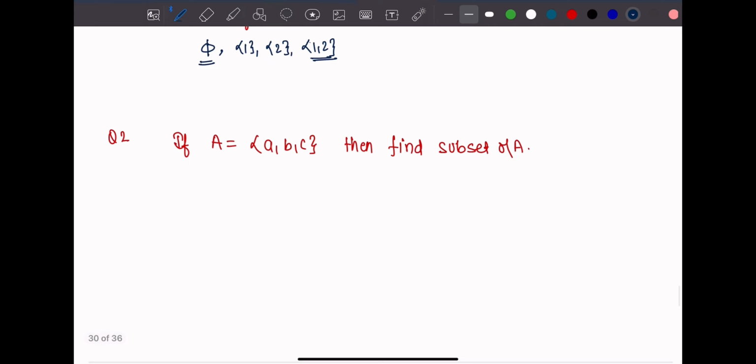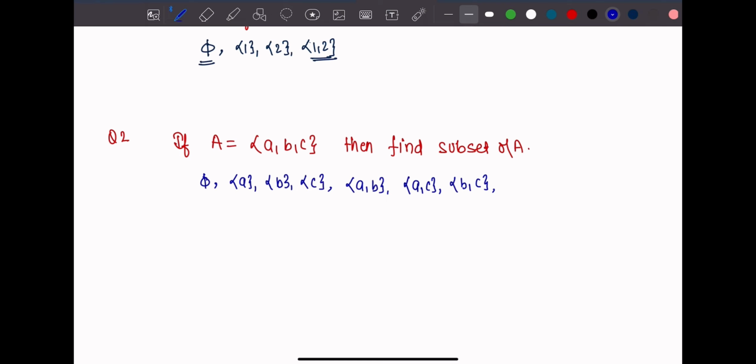If we have three elements in a set and we have to write the subsets, first we choose zero elements, that is φ. Now I choose one element, so I'll get {a}, {b} and {c}. Then we choose two elements, so we get {a, b}, {a, c} and {b, c}.